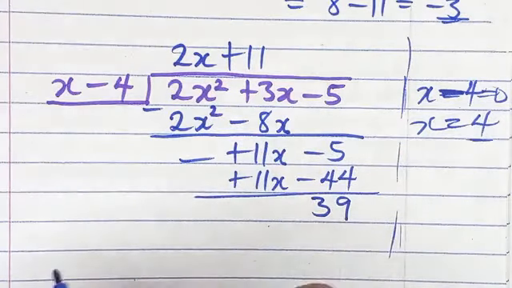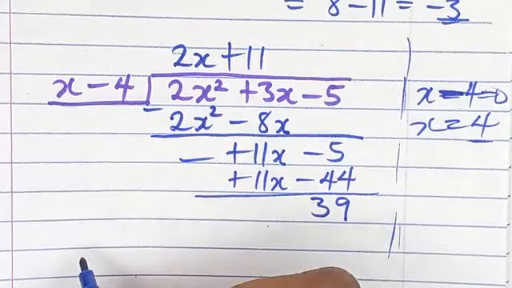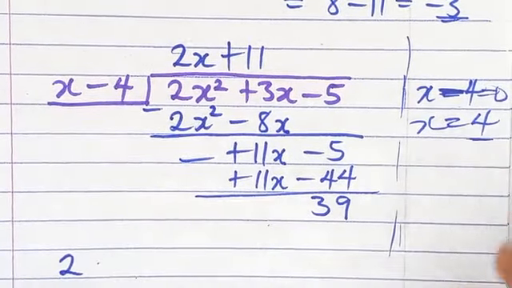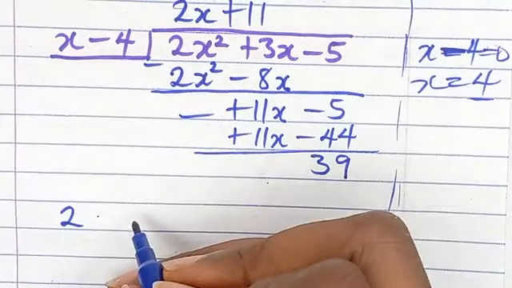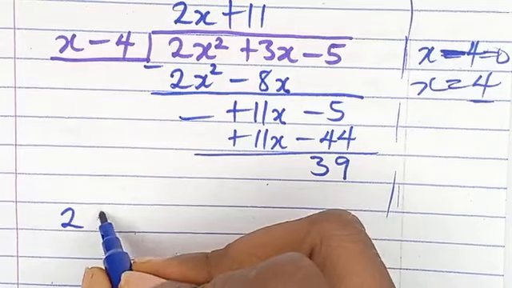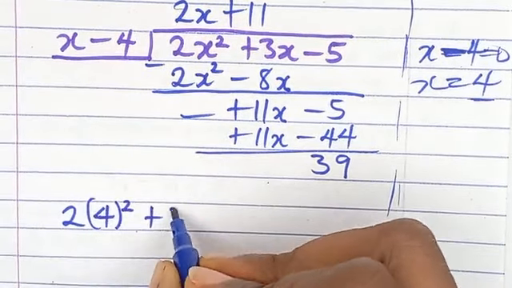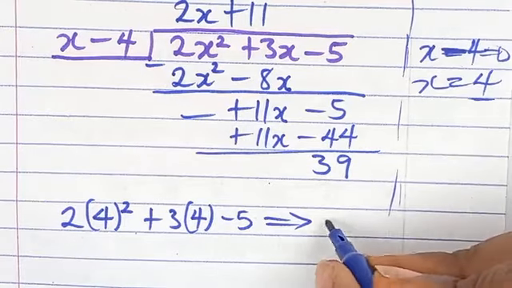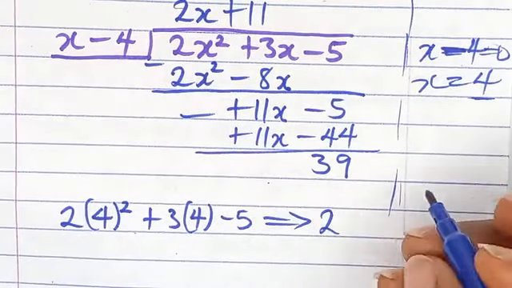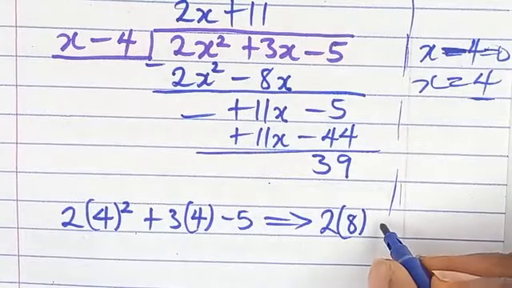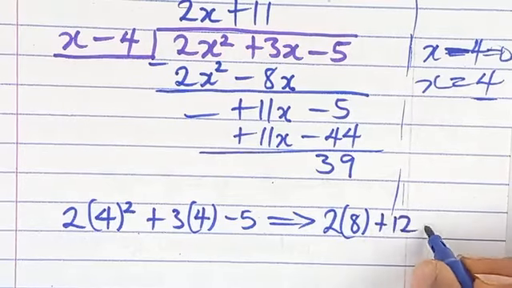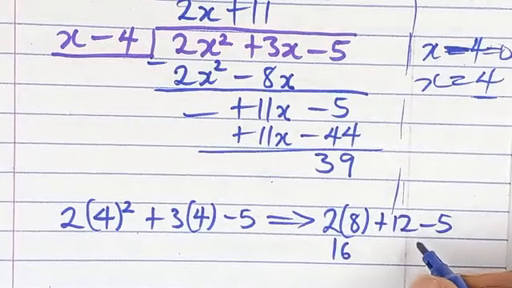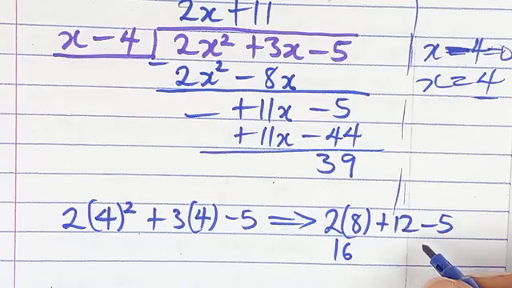So when we substitute that into the given polynomial, we are going to have 2 into 4 squared plus 3 into 4 minus 5. This is going to give us 2 into 4 times 4 is 8. 2 into 8. 3 times 4 is 12 plus 12 minus 5. 2 times 8 is 16 and 12 minus 5 is 7.